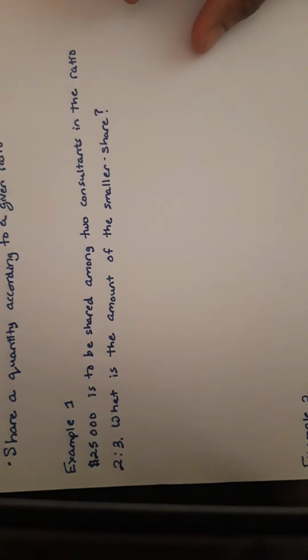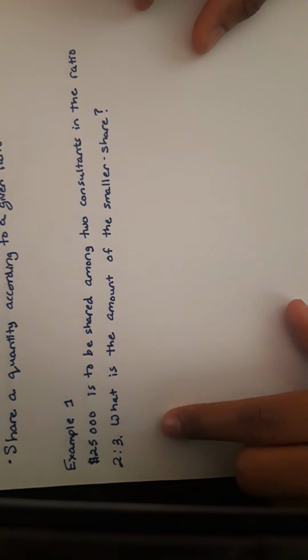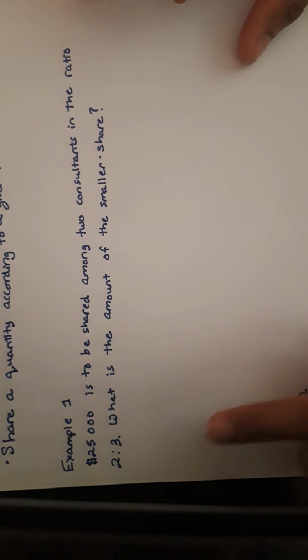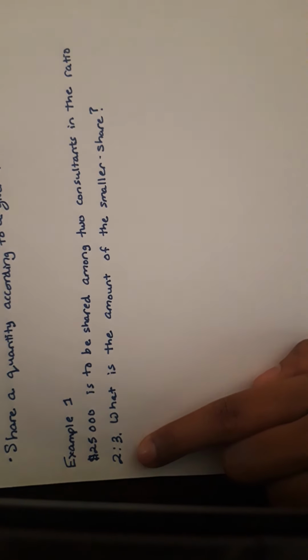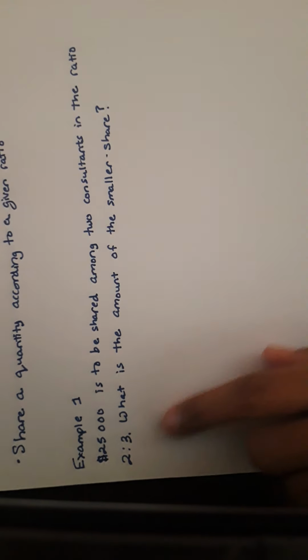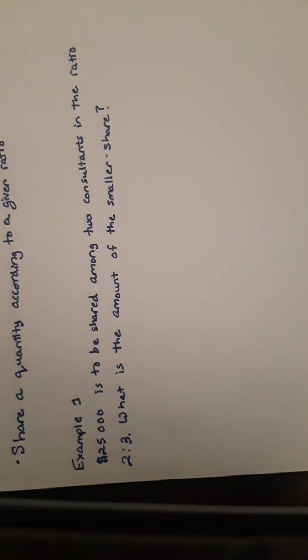So in this case, what this 2 to 3 represents, this represents the number of shares. So it's as though we have $25,000 being split up into a number of shares. Consultant 1 would get 2 shares, while consultant 2 gets 3 shares. Now these are all equal shares.